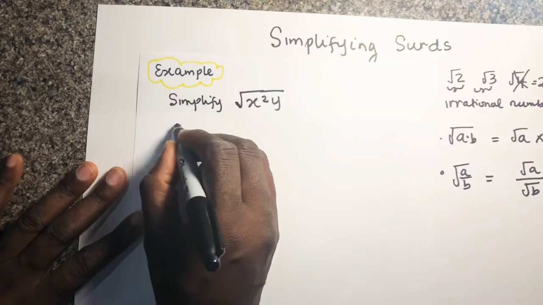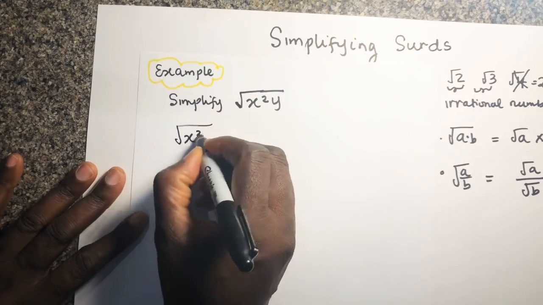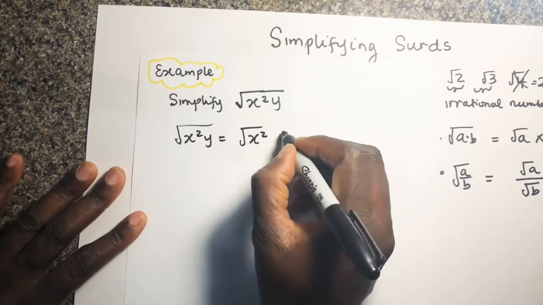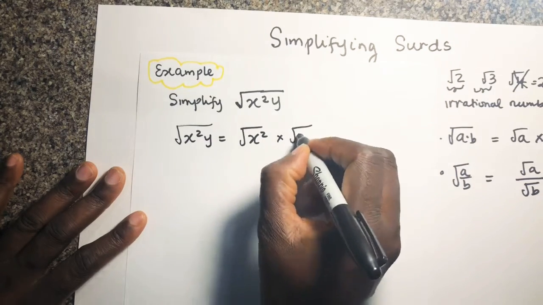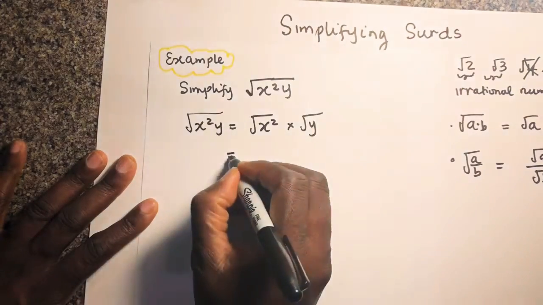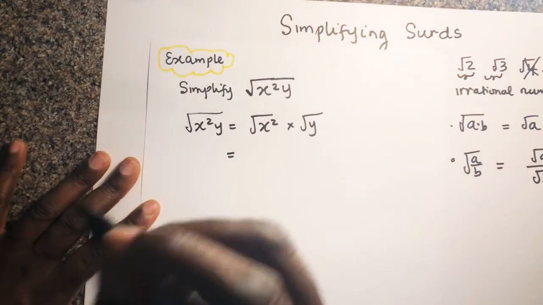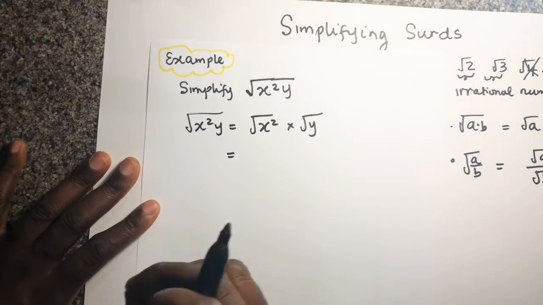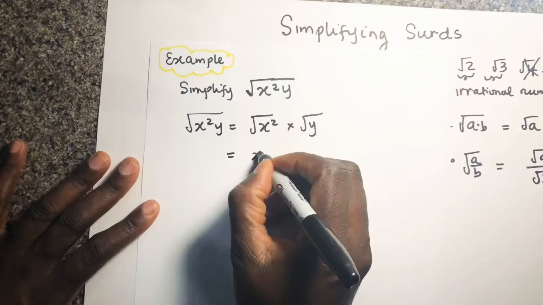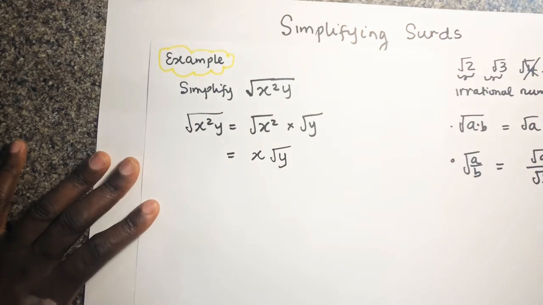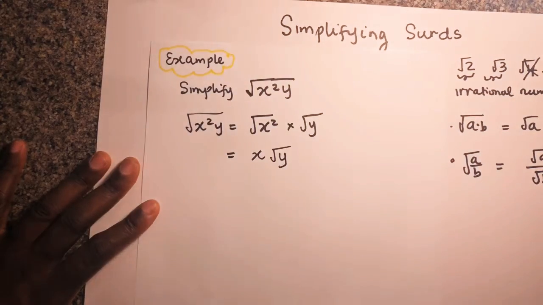If we rewrite this as the square root of x squared y is equal to the square root of x squared times the square root of y, then we know that the square root of x squared is x, the square root of x times the square root of x would give us x, okay, times root y, and that would just be x root y.